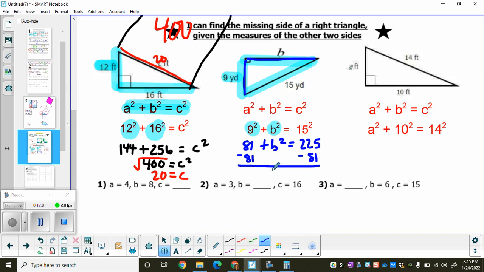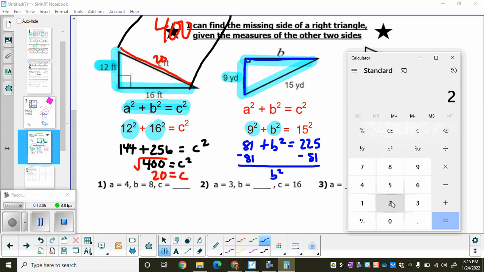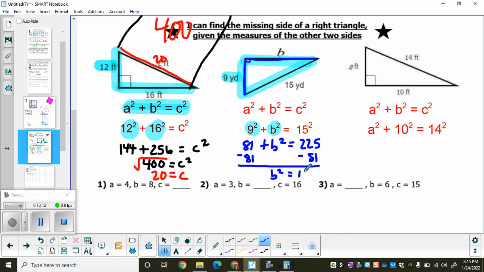And then we have that b squared is 225 minus 81, which gives us 144. So if b squared is 144, then I need to find the square root of 144, and that means b here will be 12. This side length must be 12.